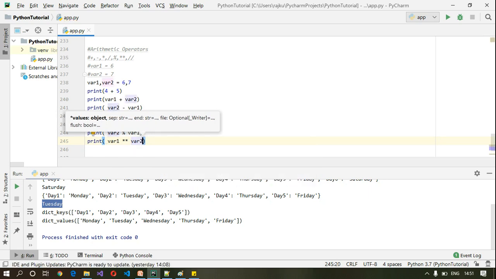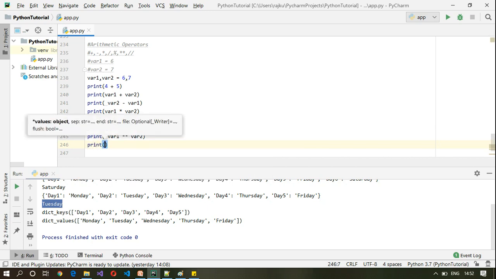What this will do is perform a power calculation on the operands. So var1 to the power of var2. If var1 is 6 and var2 is 7, it will give you the result of 6 to the power of 7.